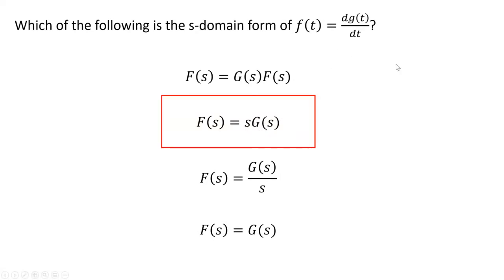You change the t to an s, and you make the functions capital. If you do an integral, you divide by s. And if you have a scalar multiple, you can just leave that in. So doing the S domain for an LTI at least is easy. Now, if you're not doing an LTI, then the Laplace transform can get a lot more complicated.